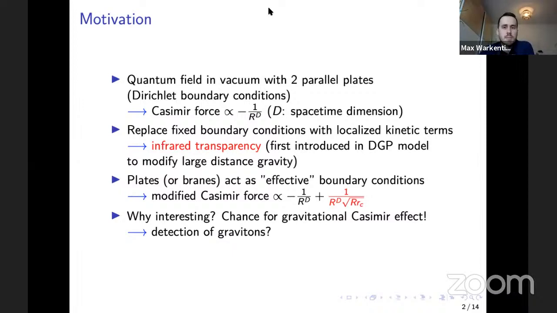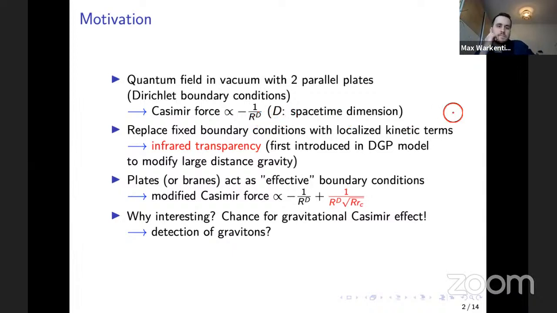The simplest example would be to take parallel plates with Dirichlet boundary conditions, and then one finds that there is an attractive force between the plates given by this formula here.